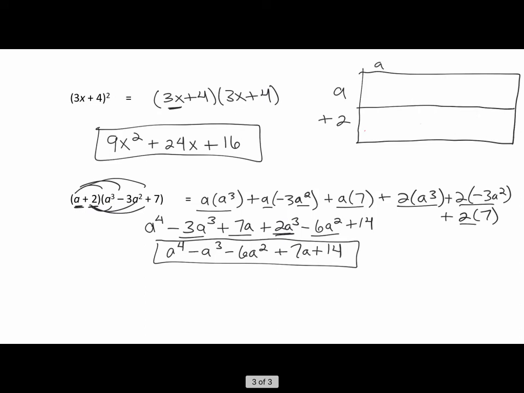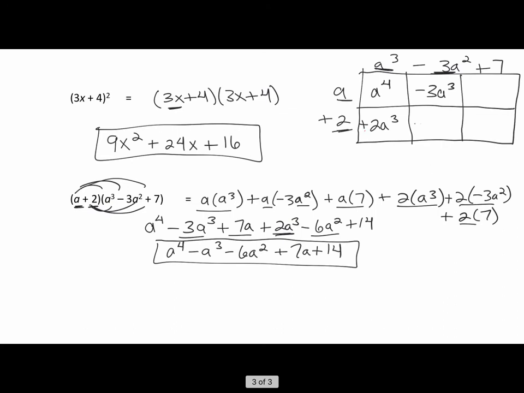And we've got a cubed minus 3a squared plus 7. So let's start with the first tab. A times a cubed is a to the 4th. A cubed times 2 is a positive 2a cubed. Then the next tab, negative 3a squared times a is negative 3a cubed.